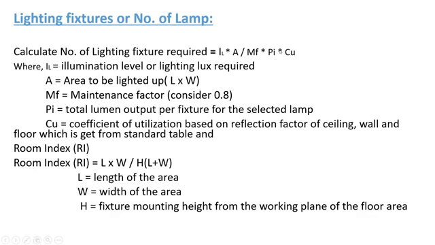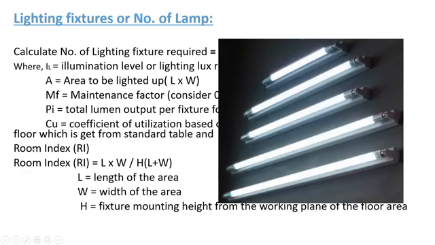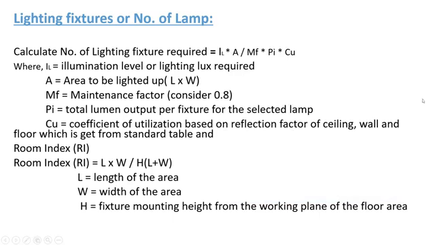Then finally CU means the coefficient of utilization. This factor is based on the reflection of the light on the ceiling, wall and floor. Based on that correction factor we can get this CU value. Normally these ceiling, wall and floor correction factors we get from the standard table.